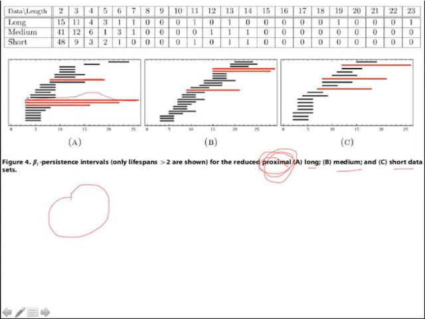Now you'll note that there is some arbitrariness in terms of the choice of what is persistent. This bar right here, this black bar, was determined to be too short to be considered a long barcode. If we take a look at the long data and what persists, we've got one that persists for 23 cycles, one for 19.